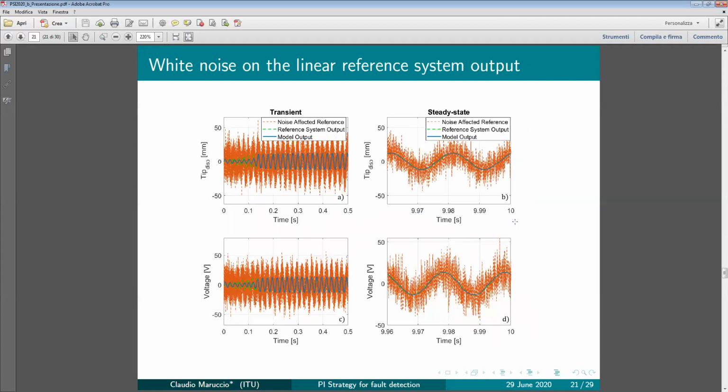You can see the noise affected reference in orange, the reference system output, meaning the experimental values in this case, in green. Again, the model output can synchronize with the reference system output, both for the tip displacement and the voltage at the electrodes.